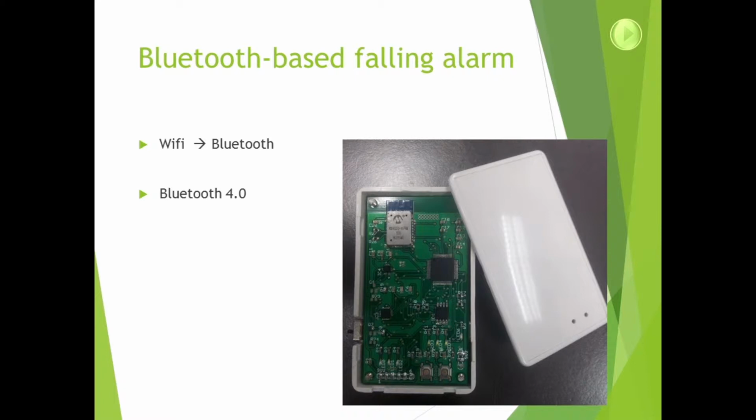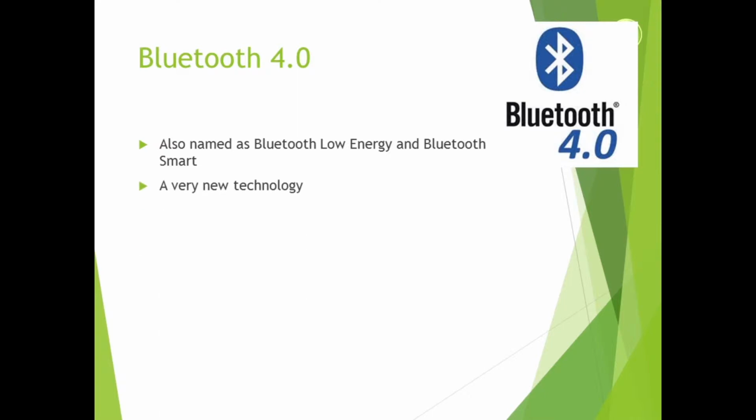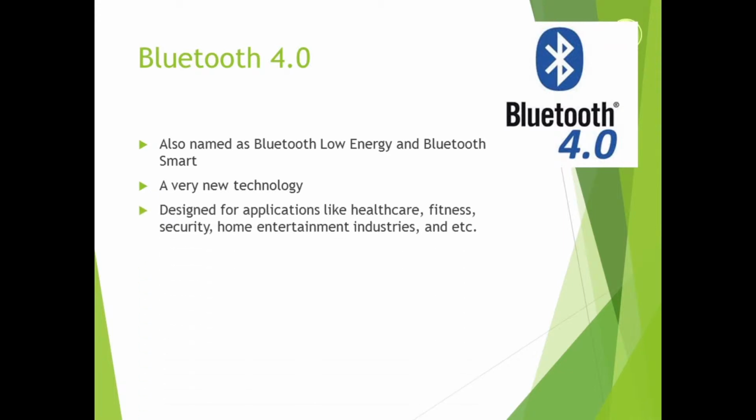Why would we like to use Bluetooth 4.0 instead of the original Bluetooth 2.0? Bluetooth 4.0, also named Bluetooth Low Energy and Bluetooth Smart, is a very new technology. It is designed for applications like healthcare, fitness, security, home entertainment industry, and so on.